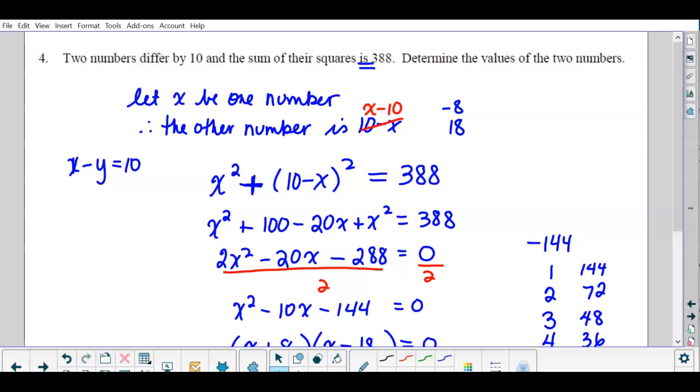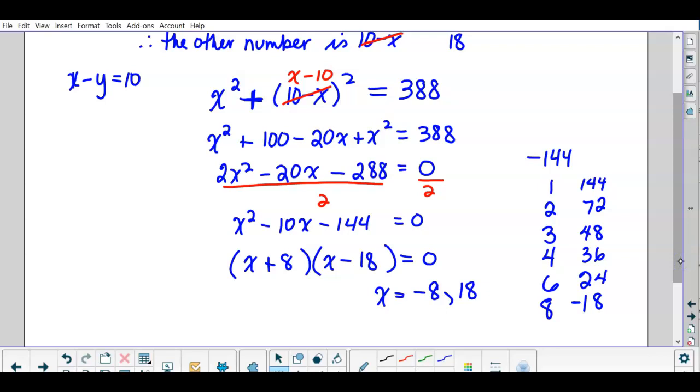Okay? And then, when I do that, does that change this? When I square x minus 10 and when I square 10 minus x, does it change this? No, it's the same. So then from here down, we're good.